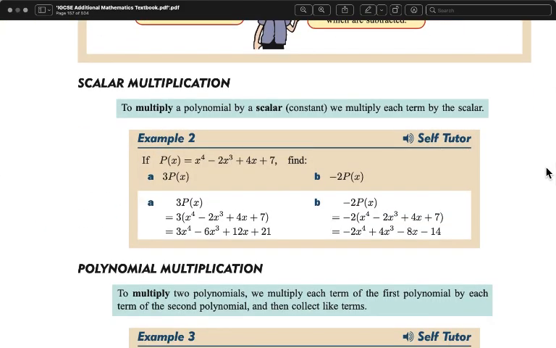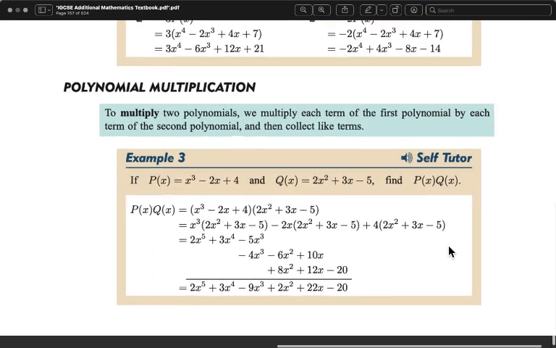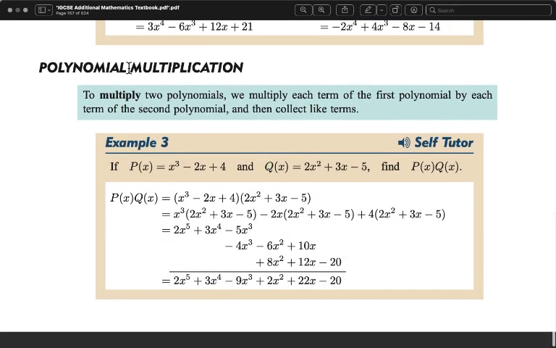Now there are also more complex ones, such as the multiplication of polynomials. When multiplying, you multiply each term of the first polynomial with the second one, and then combine the like terms together.